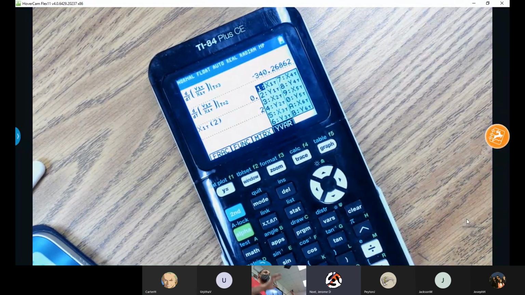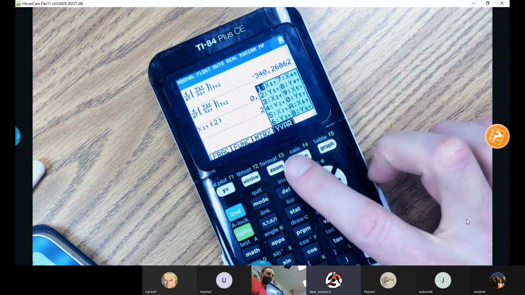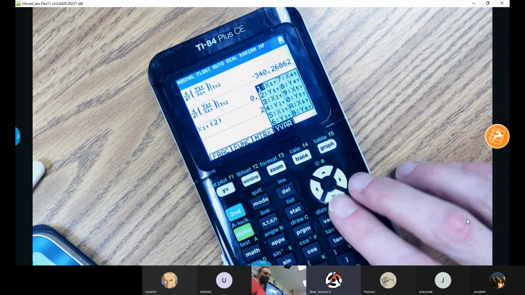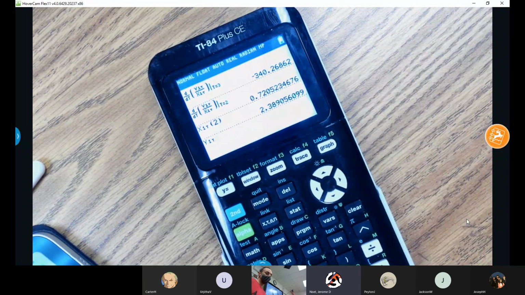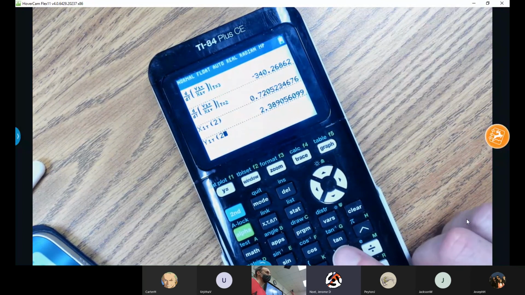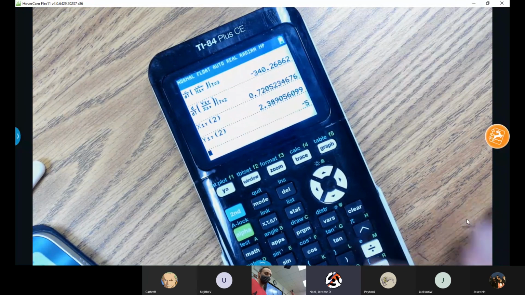Okay, so I'm going to do it again. I'm just finding the x and the y coordinate, the original one. So I went alpha f4, not taking any derivative, just the original equation. Now I'm going to go down to 2 to find the y component. In parentheses, it's just like function notation. Plug in a 2. And that one's a nice, neat -5.